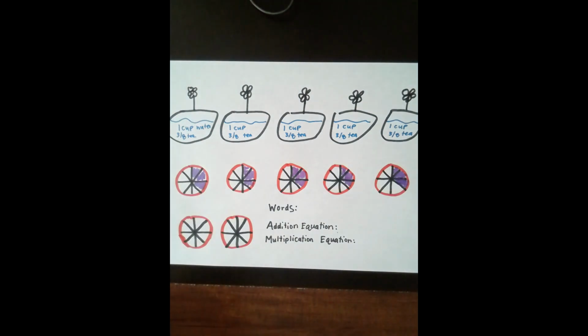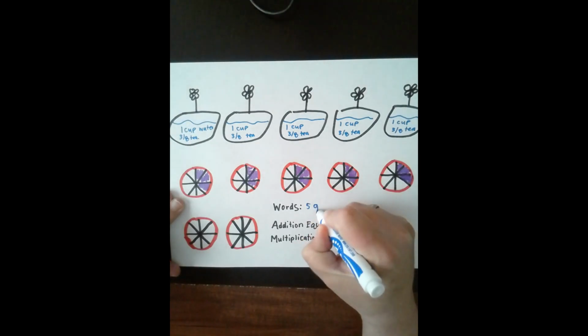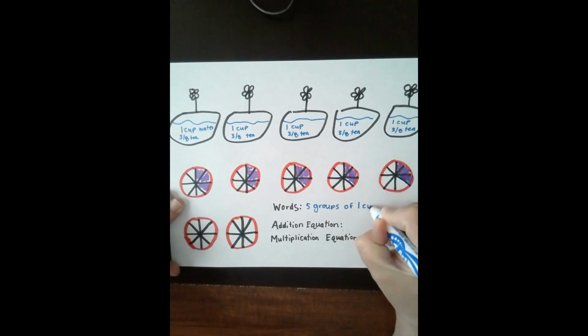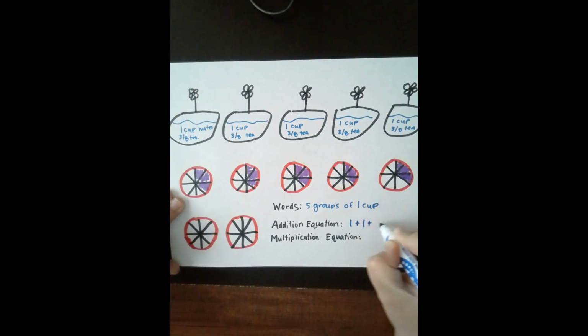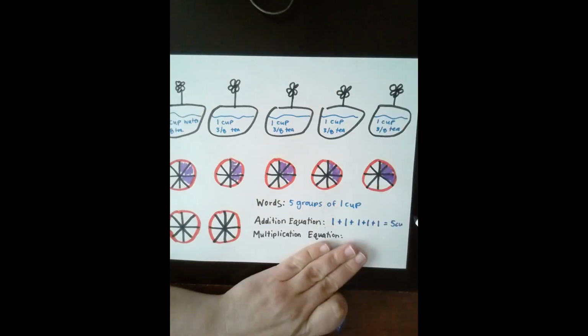So in words, that would be, and I'm going to do the water in blue, she has 5 groups of 1 cup of water, which basically is 1 group of 1 cup plus 1 plus 1 plus 1, that's 4 cups plus 5. So we know that she's going to need 5 cups of water total.